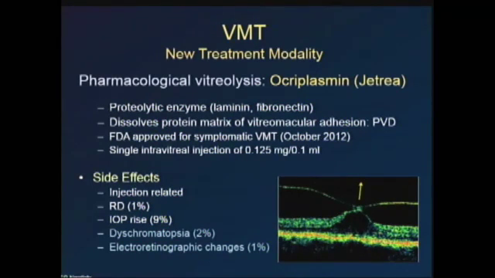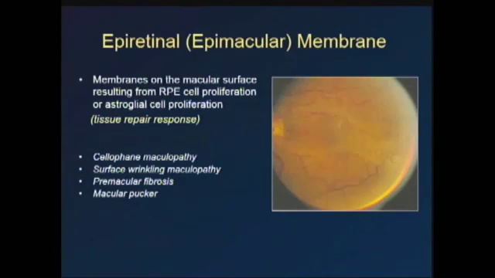Now, it doesn't always work. It has side effects. It causes dyschromatopsia. It can cause some ERG changes. It only works if you have focal, small adhesions. And it's also very expensive, so it's something that you have to use with caution.